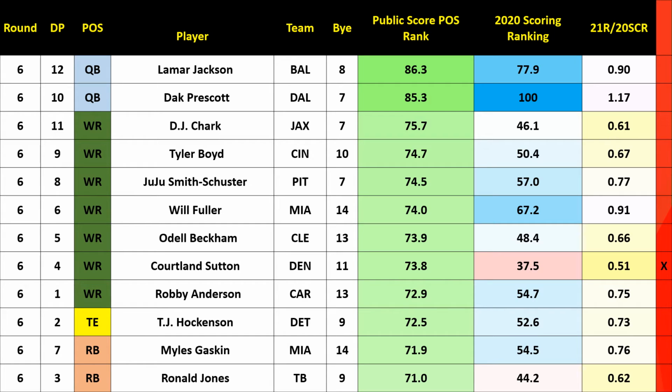I am Sutton. I have been passing on 0.05. And Shark, I think I've been passing on as well. But Juju, Fuller, and Anderson, I've done well. I love Dak.